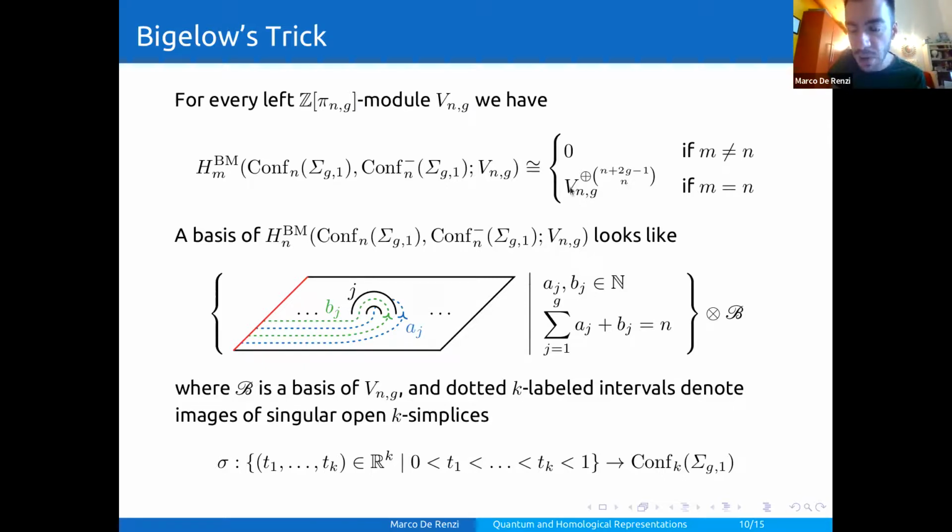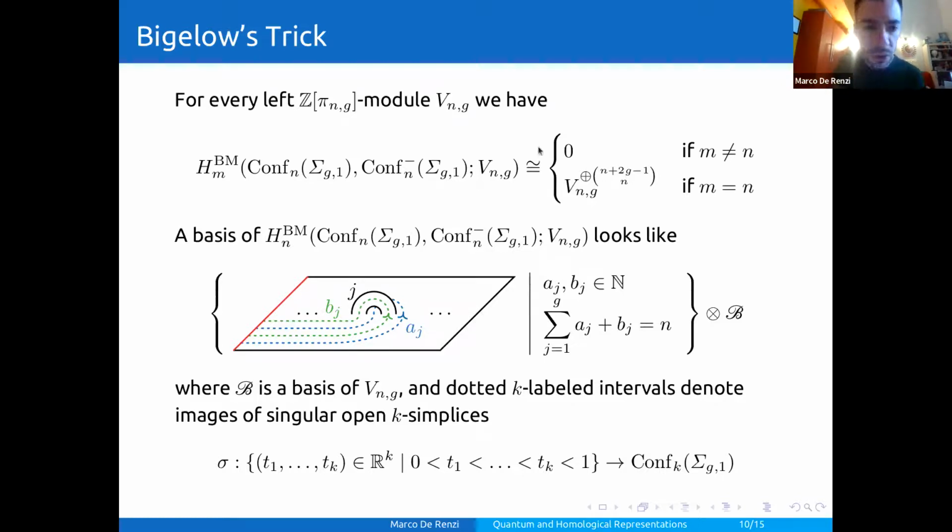The number of times you need to take this as a direct summand can be computed as this binomial. This result can be generalized to every surface that retracts by deformation onto a graph, and in that case you will need to replace this 2g by the number of edges that appear in that graph.